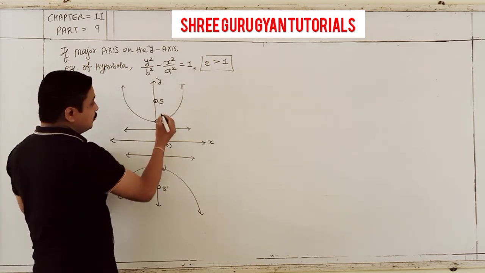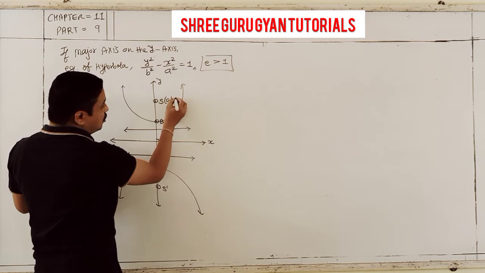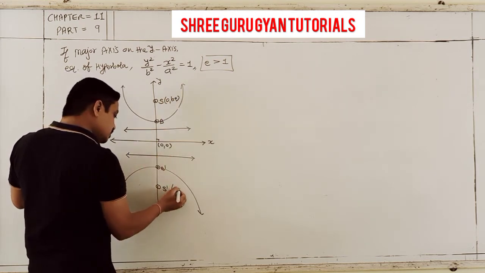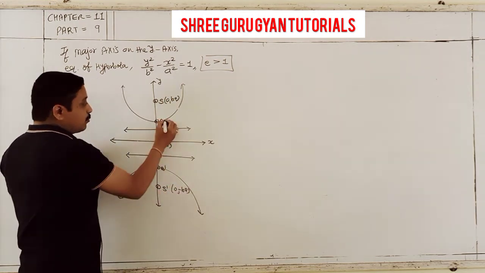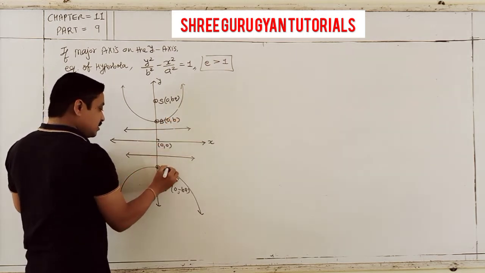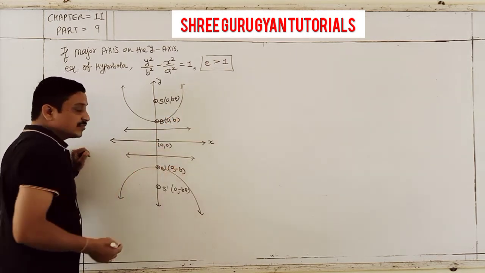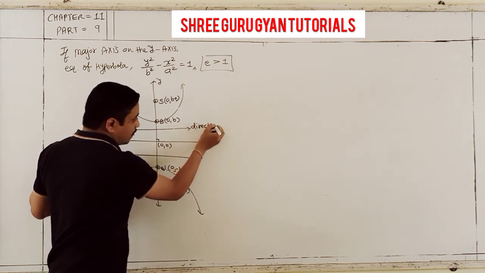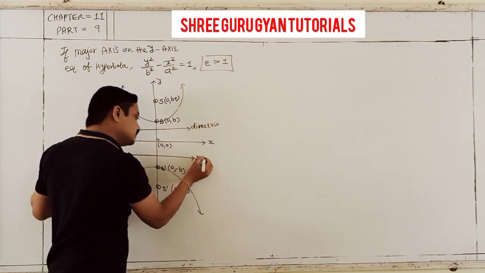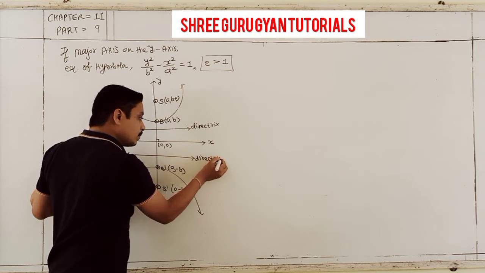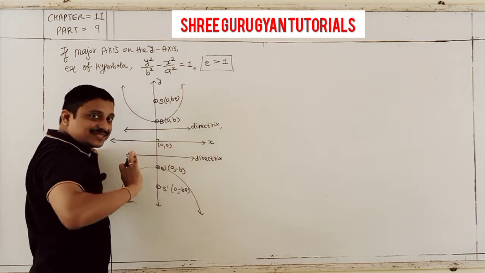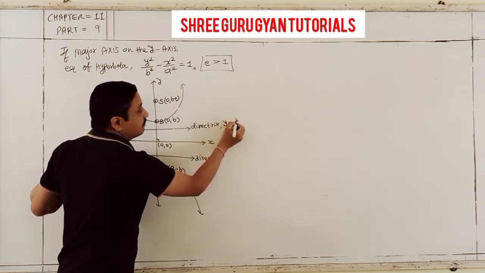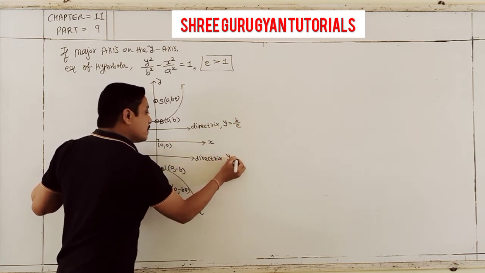Students, here you will see the focus 0 comma b, and 0 comma minus b, the points 0 comma b and 0 comma minus b. The directrix intersects the y-axis at y is equal to b by e, and the other is the same but minus.